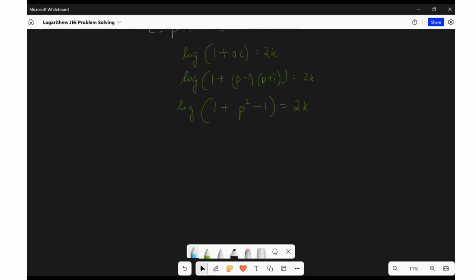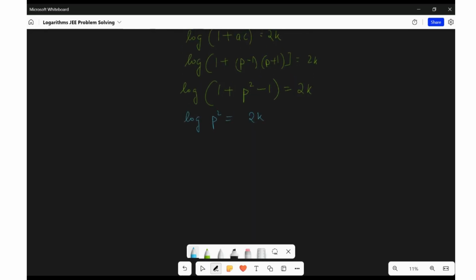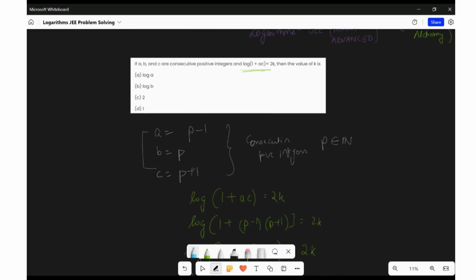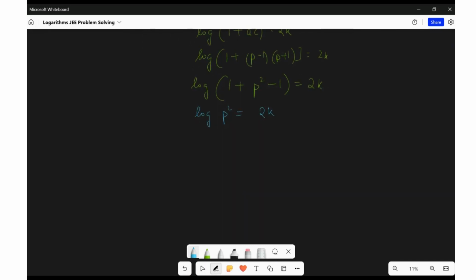Then log of p square is 2k. Alright. Now what we need to find is the value of k. So now we'll take log p square by 2 is k.